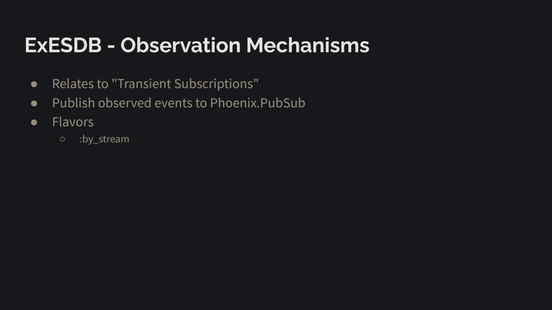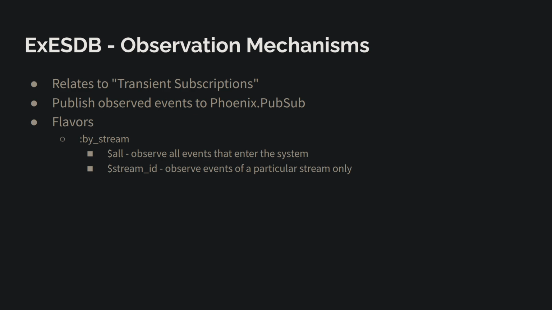The first one is an observation by stream, and these streams can either be observing all events that entered the system, which is identified by a $all, or you can observe events for a specific stream ID, which will be identified by a $stream ID.